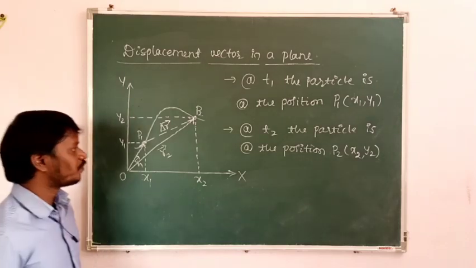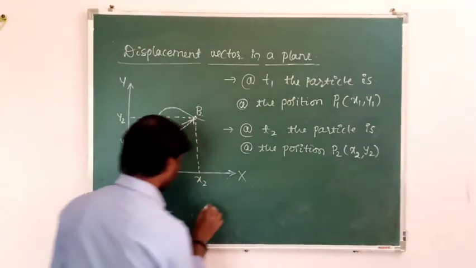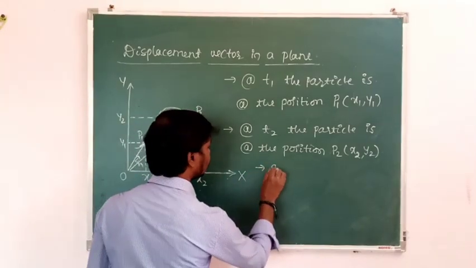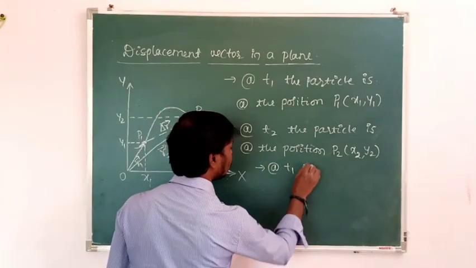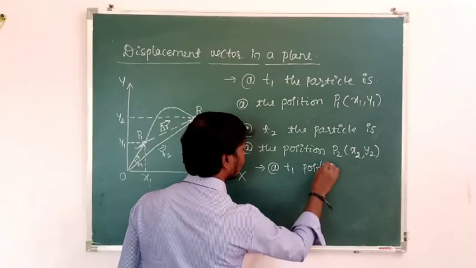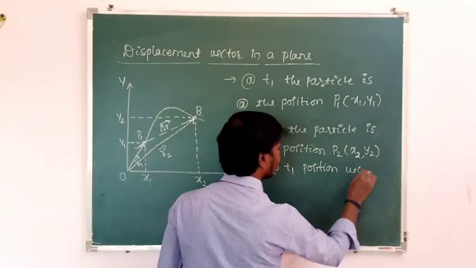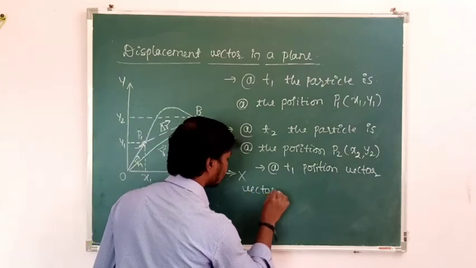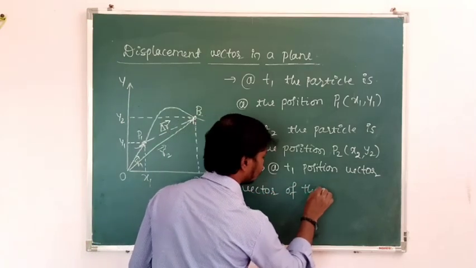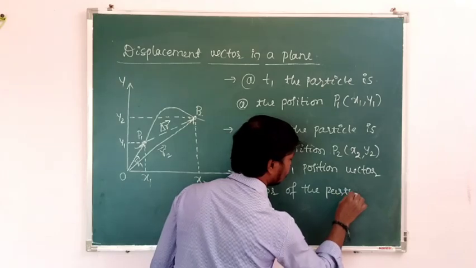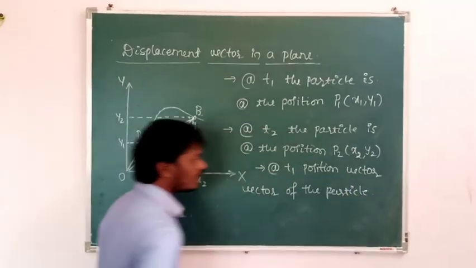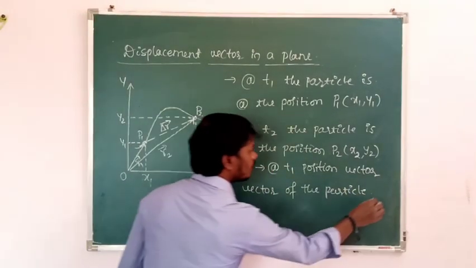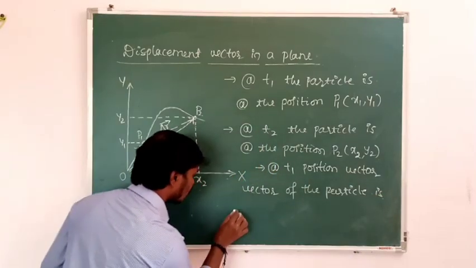Okay, then at time t1 the position vector of the particle is r1.